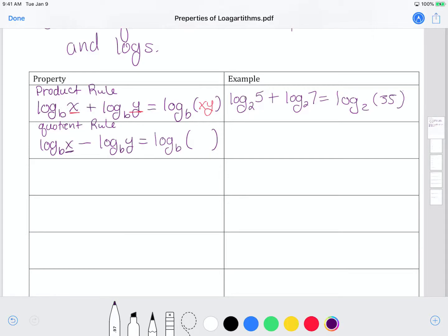Because my x comes first here and my y comes second, I have to make sure that my order is appropriate and I have to have x over y inside my parentheses when I condense. So whatever comes first with the subtraction needs to go on top with the division. So if I had log base 2 of 5 minus log base 2 of 7, I could rewrite that as log base 2 of 5 over 7.